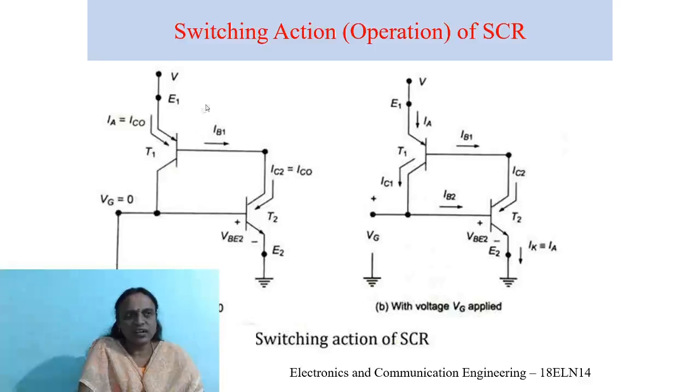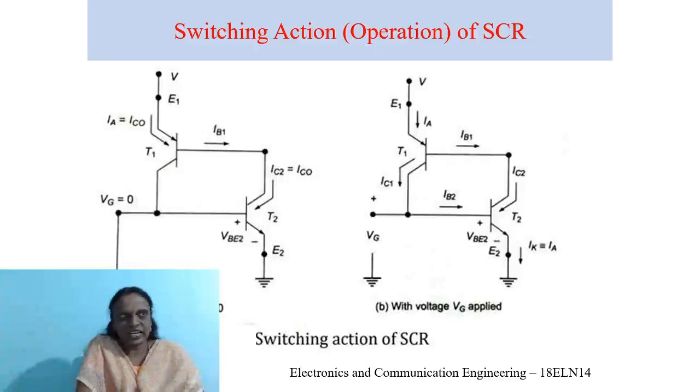Therefore, the base current of transistor T1, IB1, is equal to ICO. ICO is the leakage current due to minority charge carriers. This is too small to turn on T1.